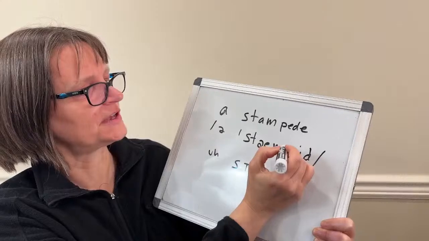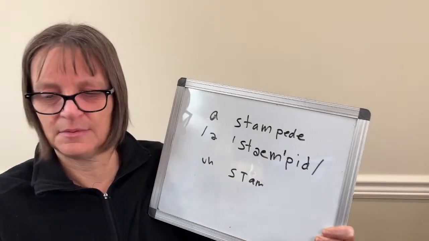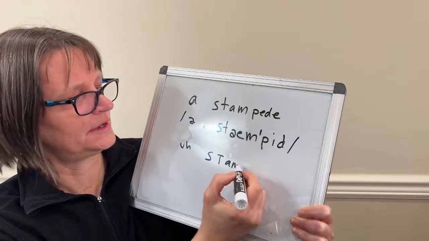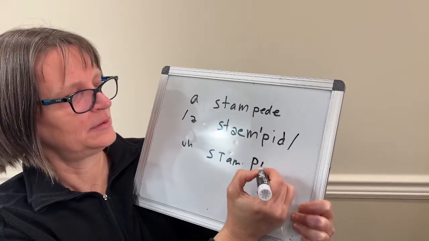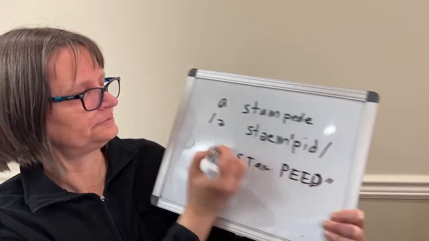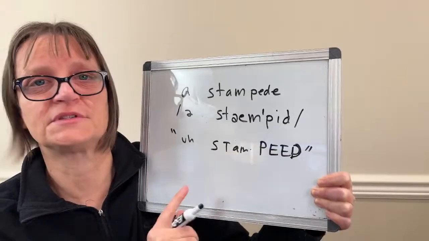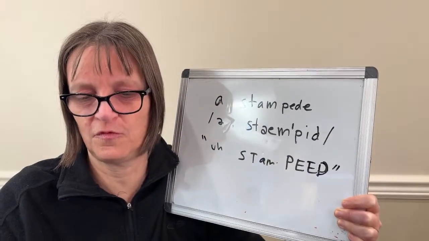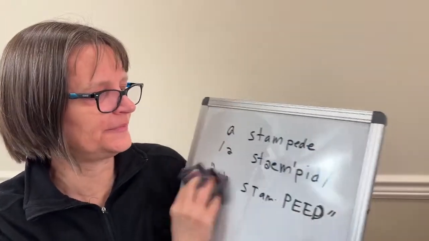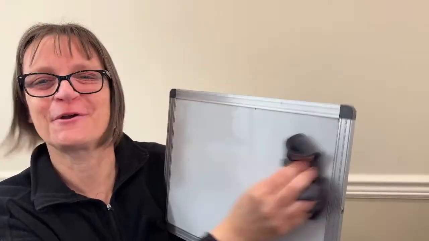Actually, the stress is on pede here, not on stam. So a stampede. There was a stampede when the new popular shoes were released. Yeah, great. Thank you for that request.